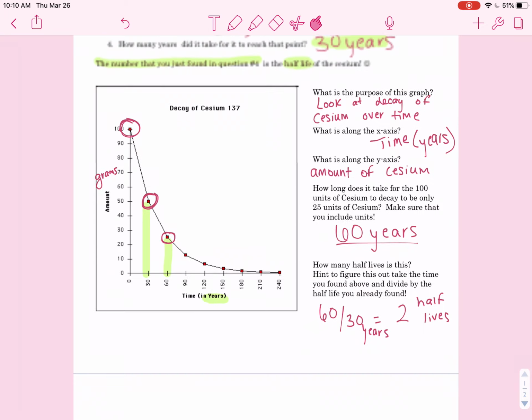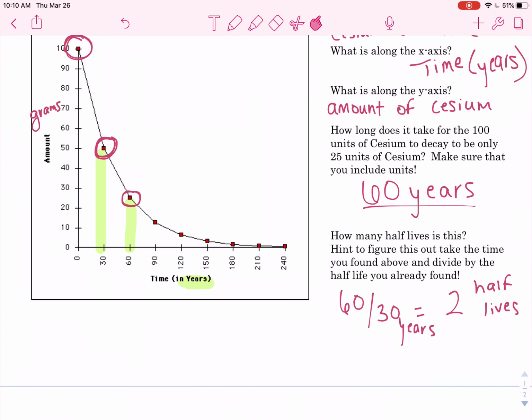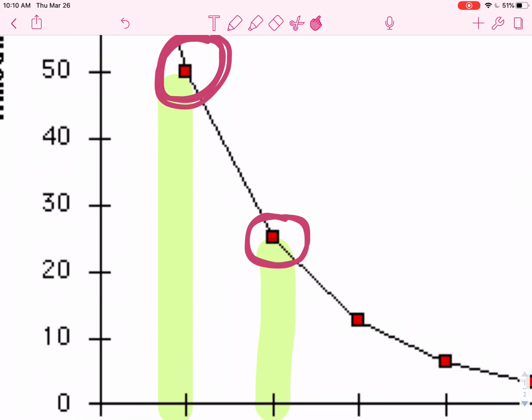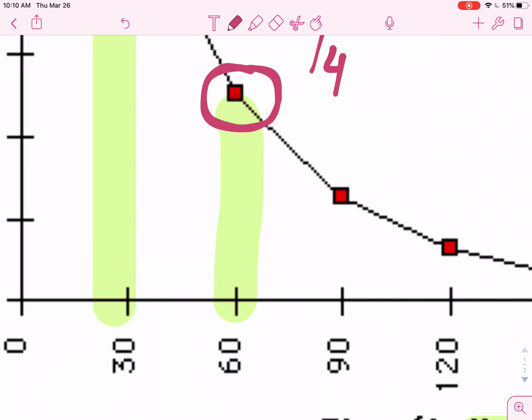If we know how many half-lives have passed, then we can figure out how old a fossil is. If we know the amount of cesium left and how many half-lives have passed, we can figure out how old the fossil is. A fossil that has a quarter of its cesium left is going to be 60 years old.